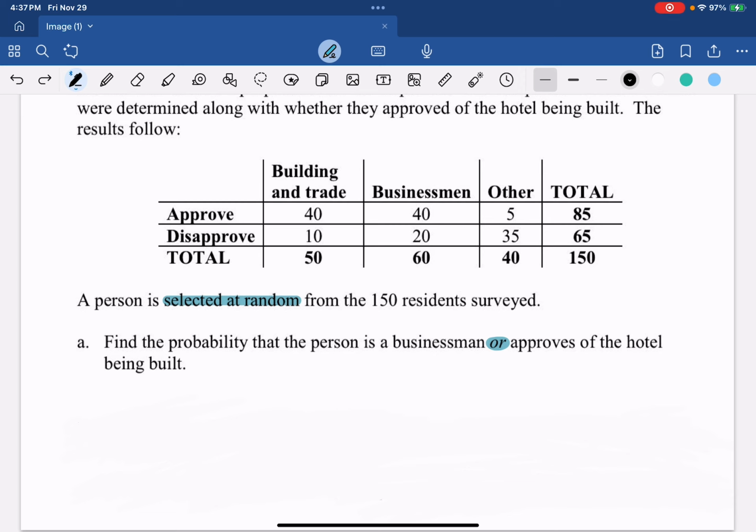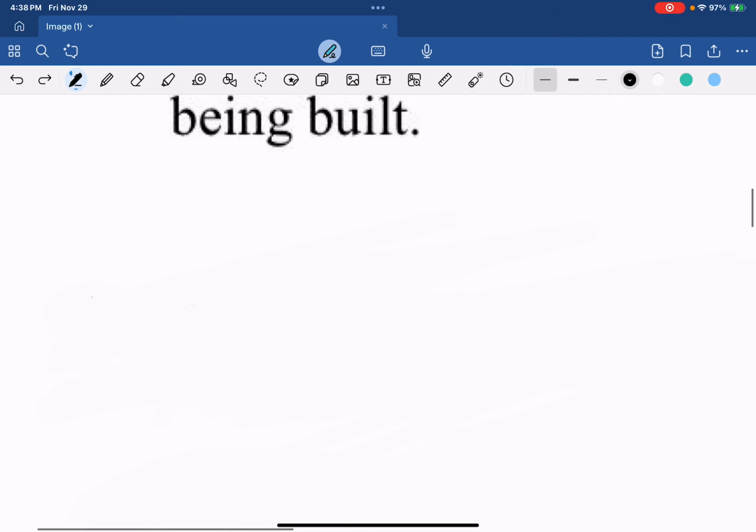Okay, so first we're going to calculate the probability of selecting a businessman. With a total of 150 people, as mentioned, there are 60 total businessmen. So we're going to find P for businessmen.